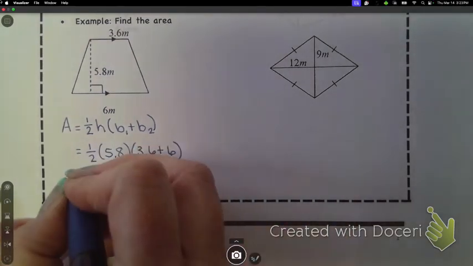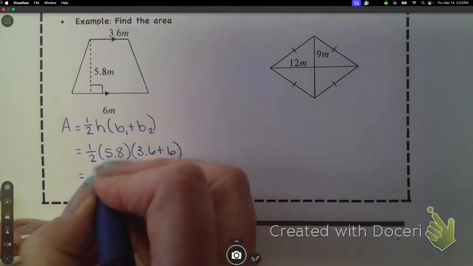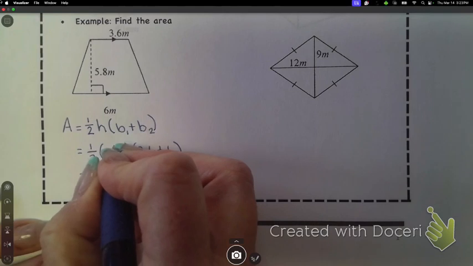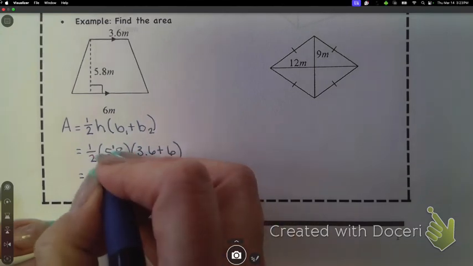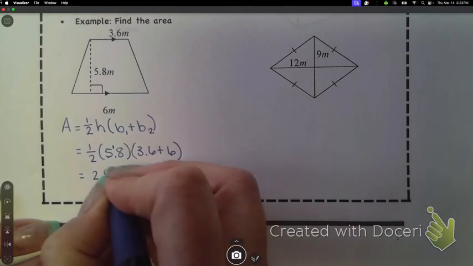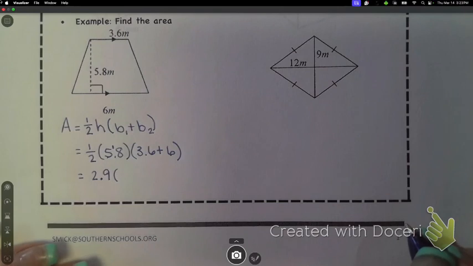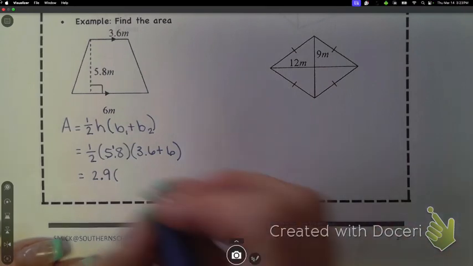So I can take half of it. 2 goes into 5 twice. Carry a 1. 2 goes into 18 9 times, so it's 2.9 times 9.6.